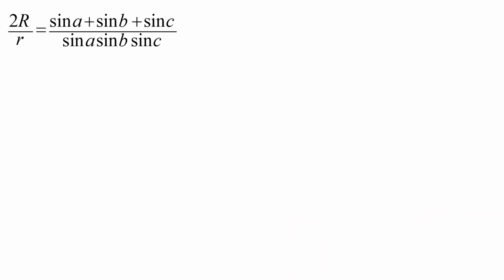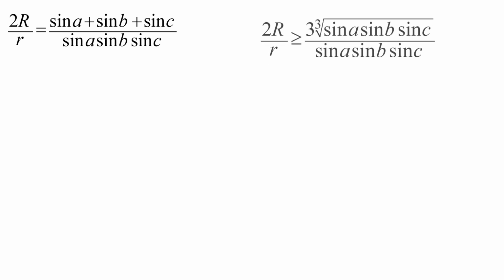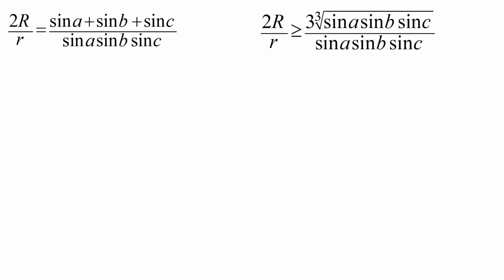We have a very famous identity, which combines the incircle and the circumcircle, which is 2R capital over r small equal sine A plus sine B plus sine C over sine A, sine B, sine C. I also mentioned this in my last video, and we can apply the AM-GM inequality, as you can see.